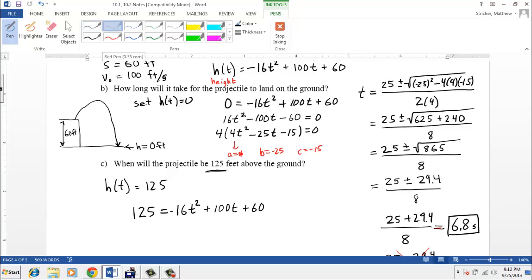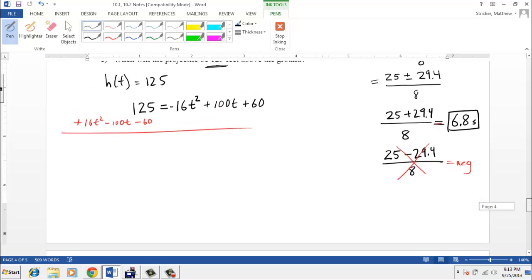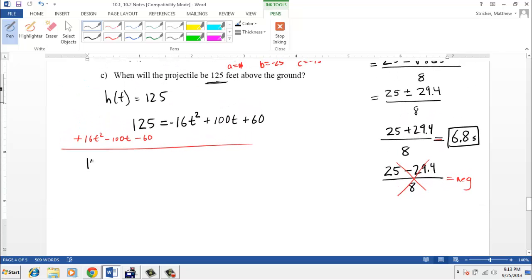So I would add 16t squared, I would subtract 100t, and I would subtract 60 from both sides. And so this would end up giving us the equation 16t squared minus 100t plus 65 equals 0.